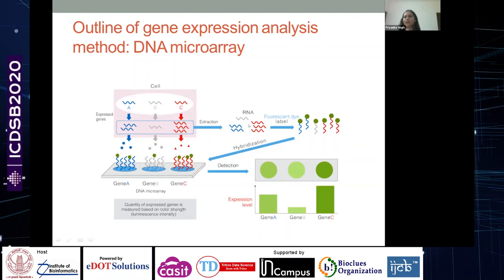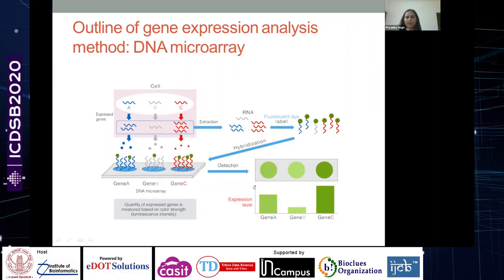What you do is you extract the RNA out of the cell, you fluorescently label it, and you have this sort of microarray chip onto which these oligonucleotides are attached. Then you hybridize this fluorescently labeled RNA with this DNA microarray, and then you can read these signals.